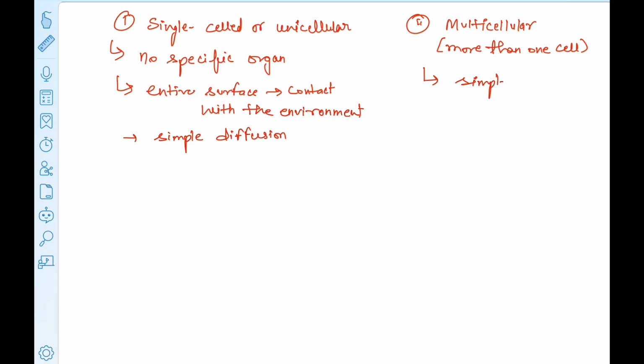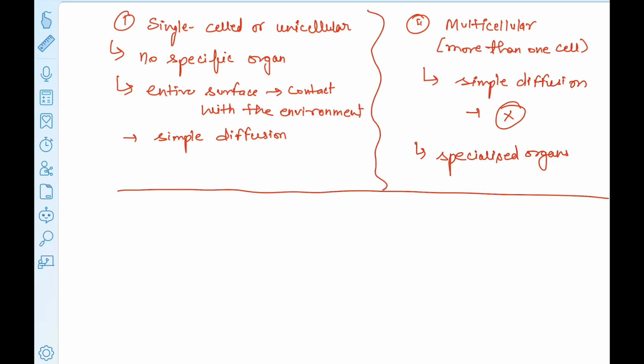Thus, simple diffusion will not meet the requirements of all the cells. And we know that multicellular organisms have specialized organs. So they use all these life processes. If a question comes in your exams like why single-celled or unicellular organisms use simple diffusion, or what type of process is used by single-celled or unicellular organisms for their survival.